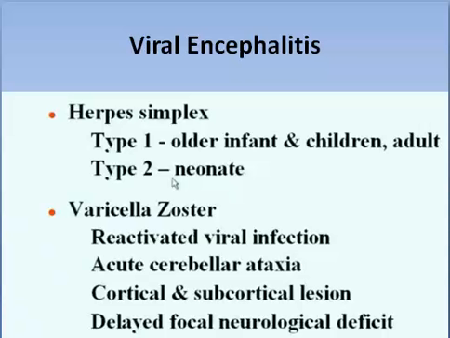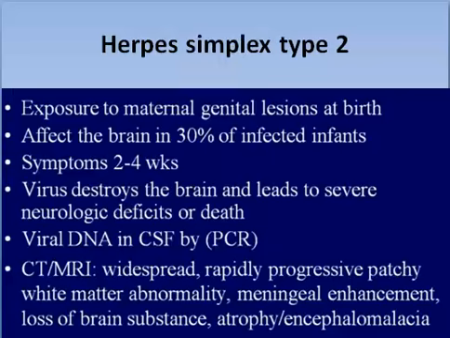So the main viral infections we have here are herpes simplex and varicella, and in herpes simplex we have type 1 and type 2. We'll start with herpes simplex type 2 because this affects neonates. It is exposure to maternal genital lesions at birth, affects the brain in 30% of the infected infants, and symptoms appear 2 to 4 weeks after delivery.